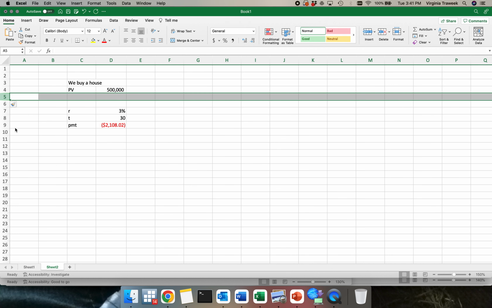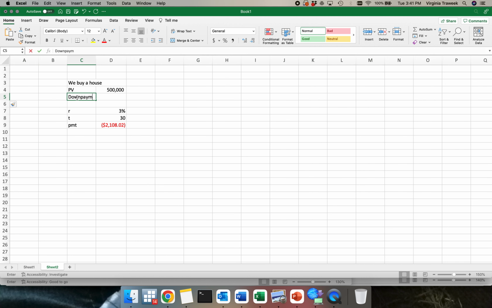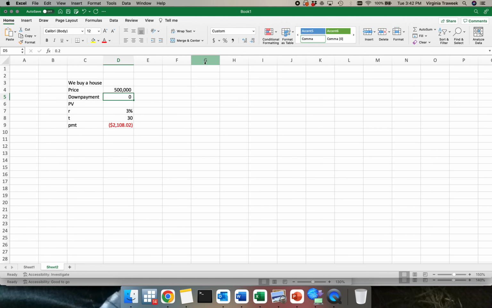Let's do that. Our down payment is going to be 20%, which means that, let's put this as price, and this is PV, 20%, which means that the PV will actually be 500,000 times 1 minus the 20%.